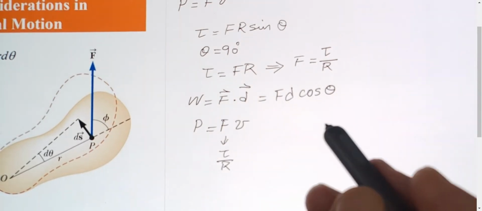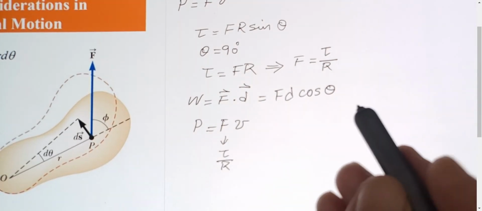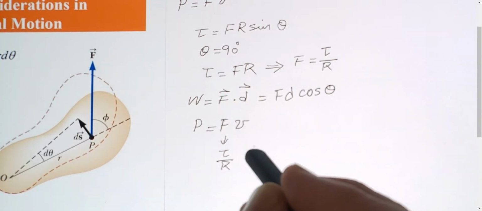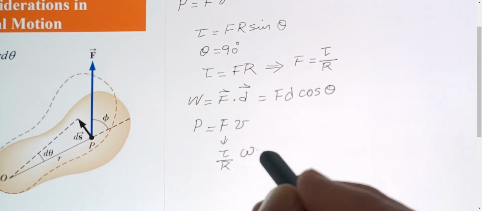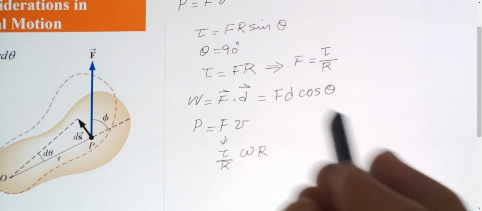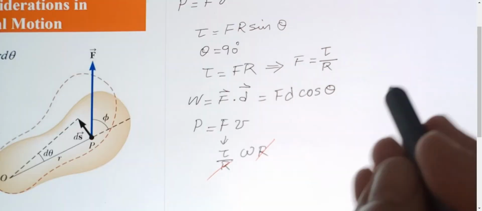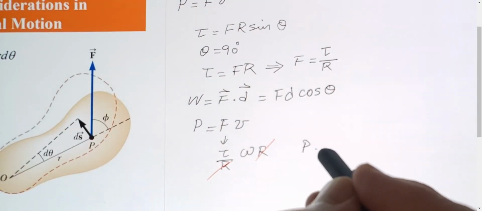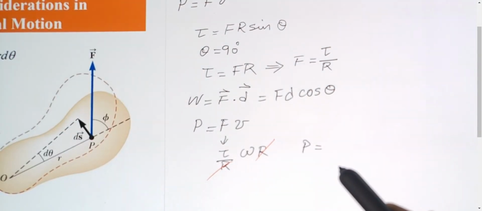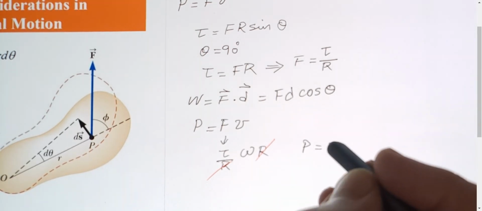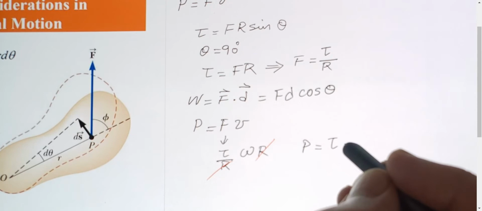What is equivalent to that? It is the angular speed. And what is V in terms of the angular speed? It is omega R. So we end up with power, when you have a force applying torque on an object, being nothing but the torque multiplied by omega.